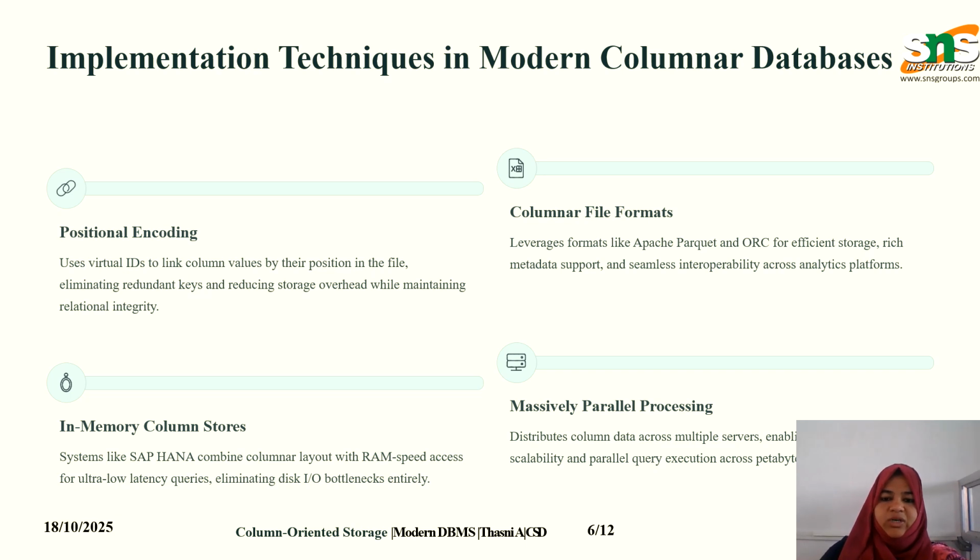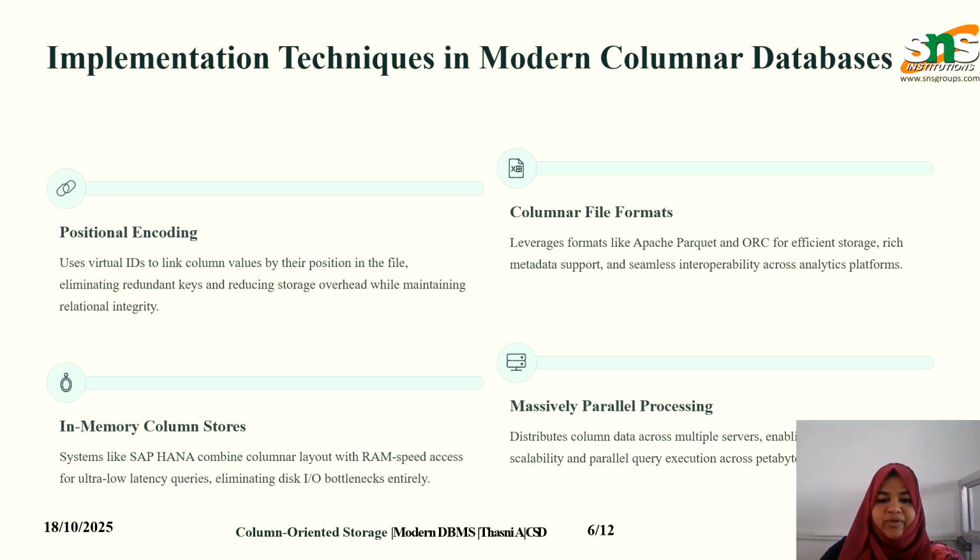Implementation techniques in modern columnar databases are positional encoding, columnar file formats, in-memory column stores, and massively parallel processing. Positional encoding uses virtual IDs to link column values by their position in the file, eliminating redundant keys and reducing storage overhead while maintaining relational integrity.